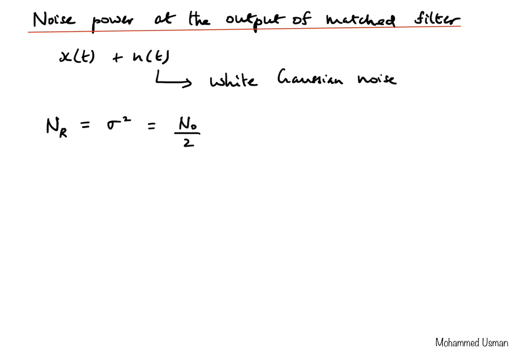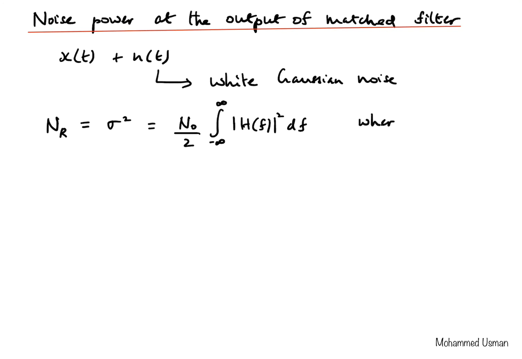So this is N naught by 2, which is the power spectral density of the noise, into the squared magnitude response, H of f square df, from minus infinity to infinity.